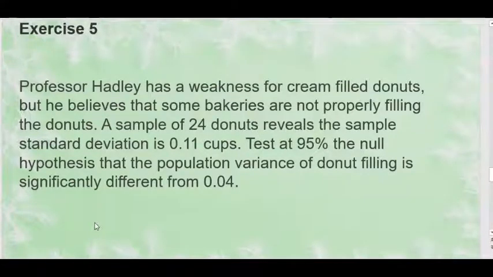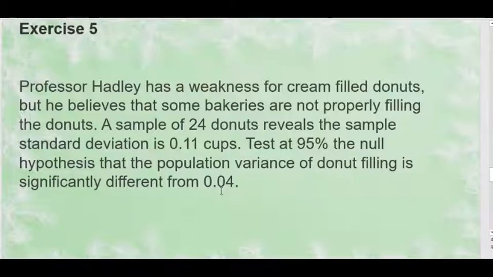Test at 95% the null hypothesis that the population variance of donut filling is significantly different from 0.04. So the first keyword is population variance. So the hypothesis is about population variance. So we have a hypothesis test for variance.